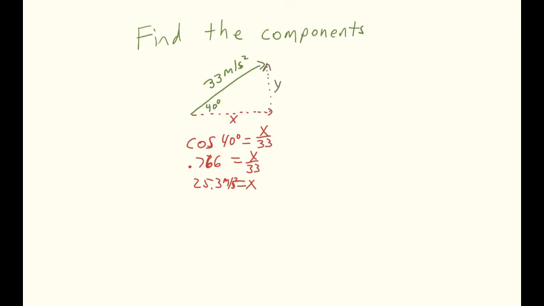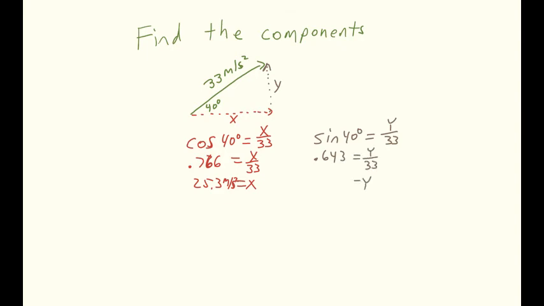To find the y component, this time I would use the sine of 40 degrees equals y over 33. So 0.643 equals y over 33.